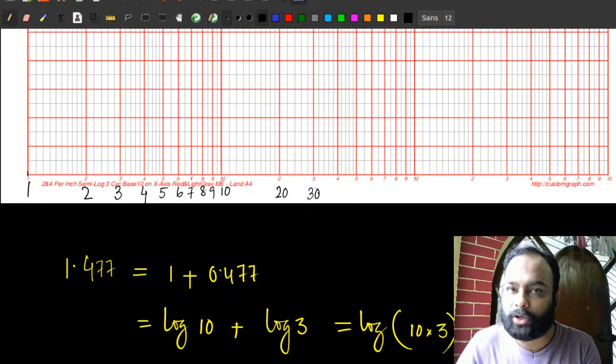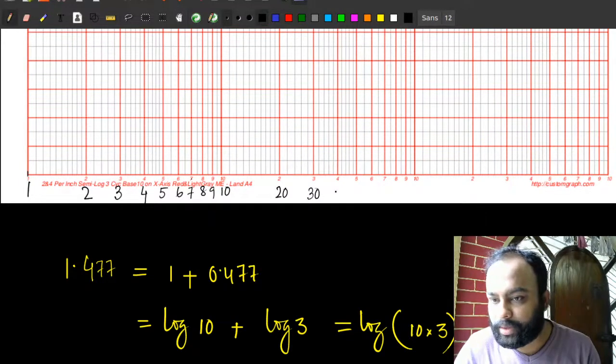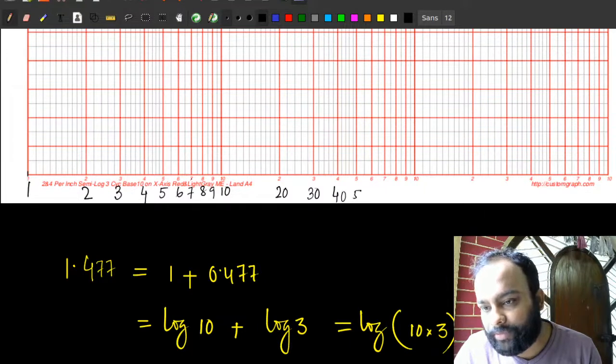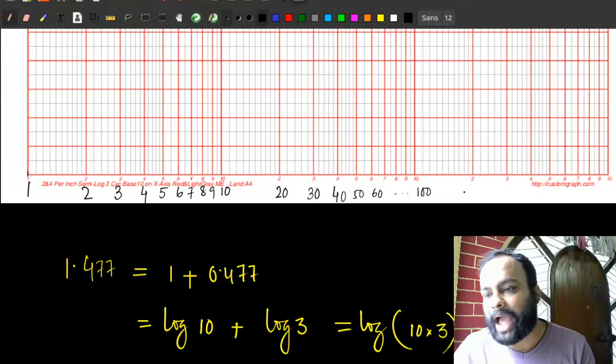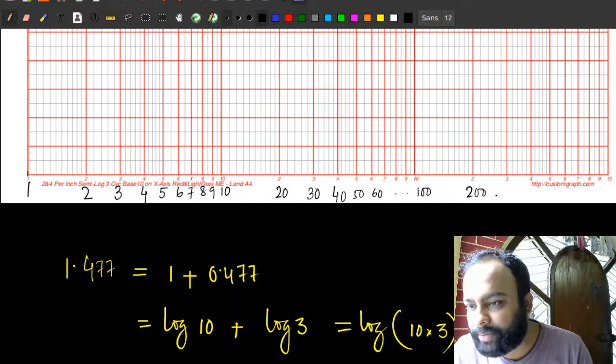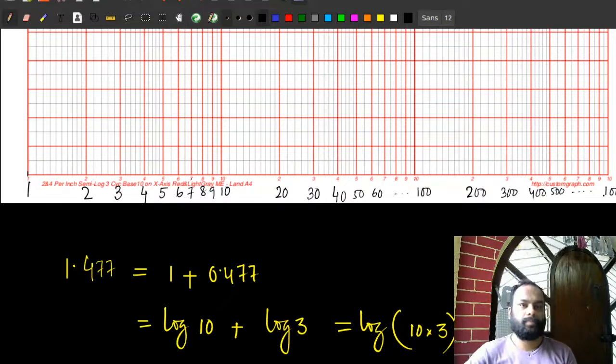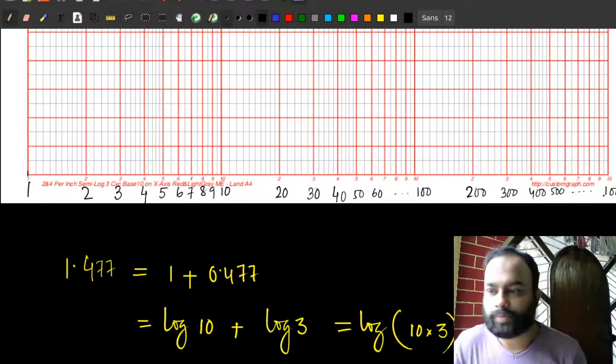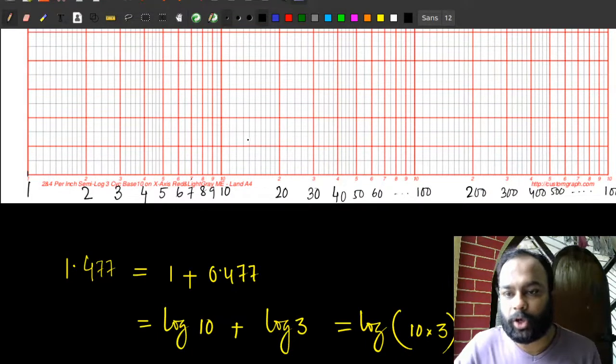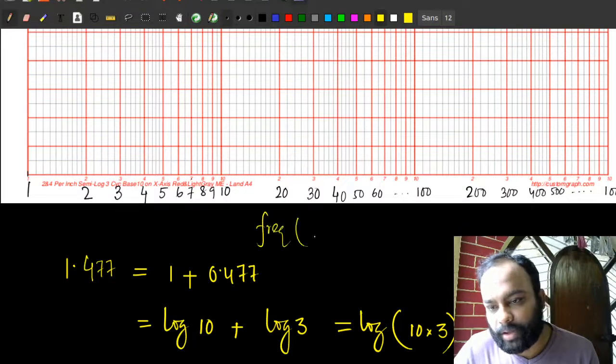Again, this is corresponding to log 30. Okay, 40, 50, 60, and so on up to 100. Then we have 200, 300, 400, 500, and so on up to 1000. Right? So this is going to be my range of frequencies, right? Frequency omega.